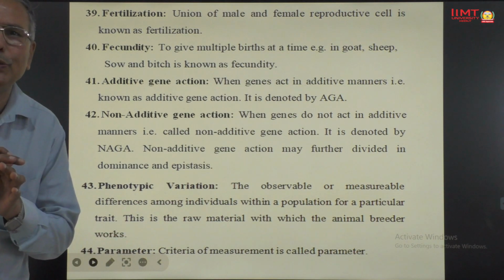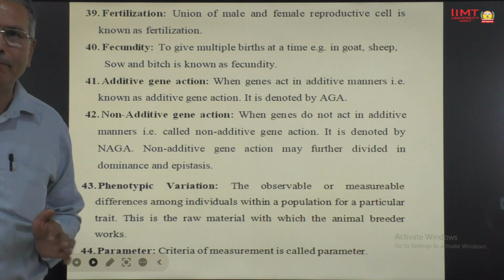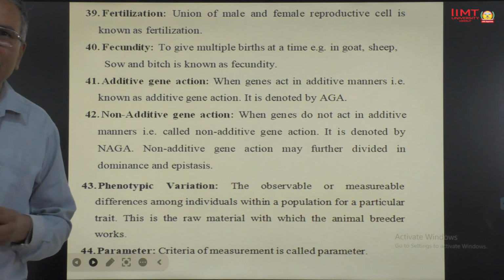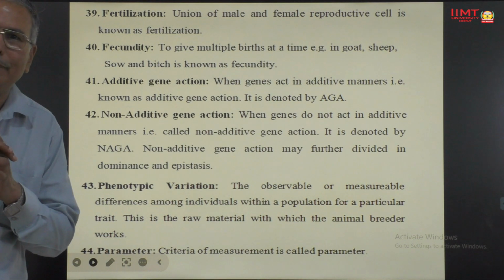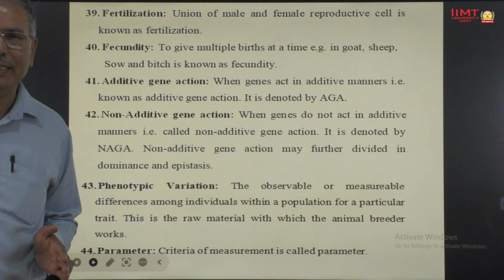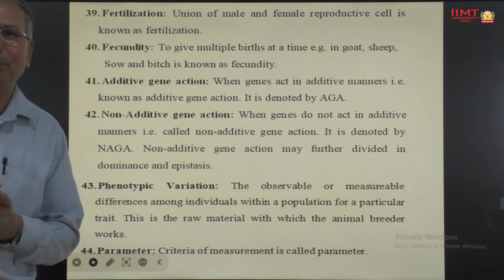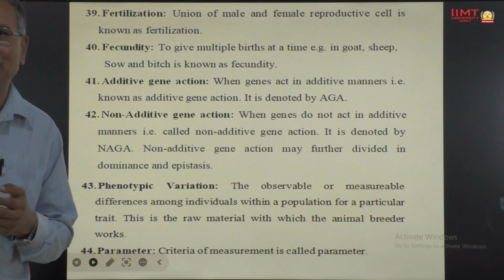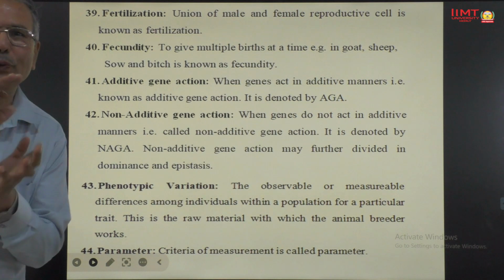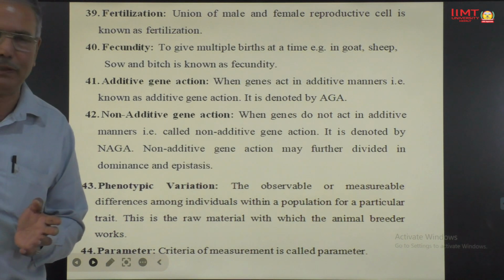If there is no phenotypic variability in the population, then nothing can be done for genetic improvement. If variability is there, then breeding and selection are the two tools to exploit the variability existing in the population.